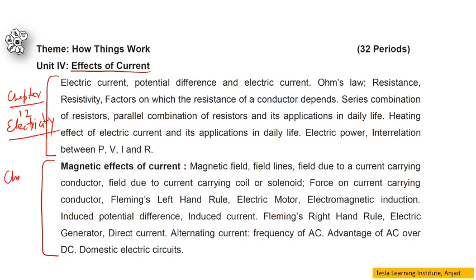And chapter 13 is magnets, that is the magnetic effects of current, in which we're going to talk about what magnets are, what this thing we call a magnet is, and how it has a relation with electricity, how magnetism and electricity are related with each other, and how we can generate current from magnetism and vice versa.